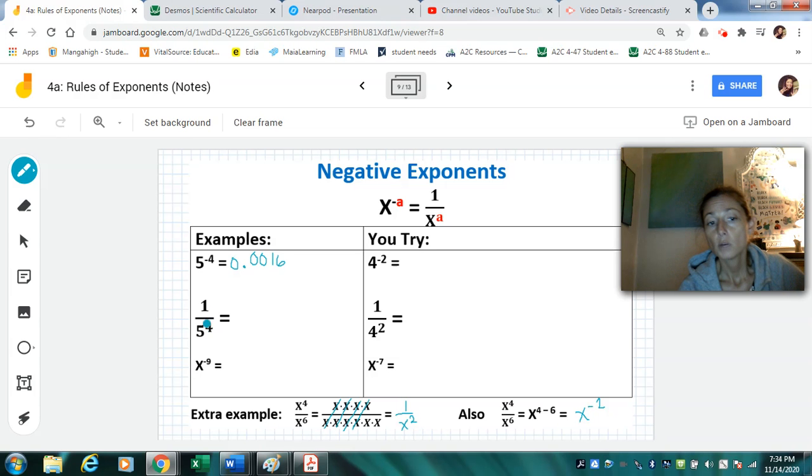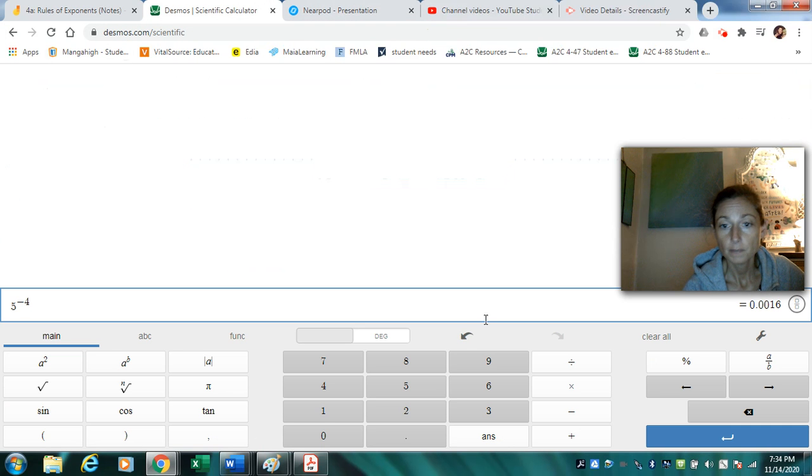Now, if I have 1 over 5 to the 4th, that's 1 over, go to my calculator again, 5 to the 4th power. That gives us 625.